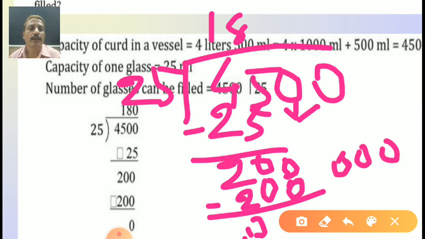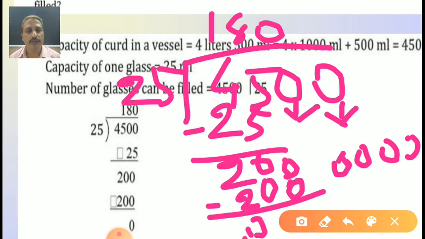Now what is the next thing? This 0 has to come down. So now one more 0 here, but division is not possible, so on the quotient side we have to put one more 0, because at that time the possibility of division is not there.